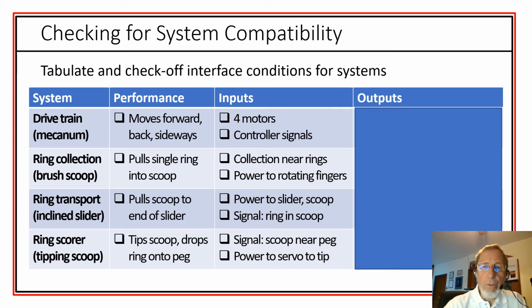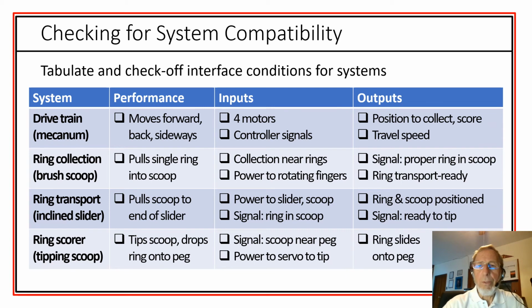So the ring scorer then hopefully could also be told by a sensor that the scoop is near a peg and it's in position for dumping, tipping, and then of course it needs power to tip. So each of these different subsystems may require signal to trigger something, power to perform something. It's important to identify what they need.